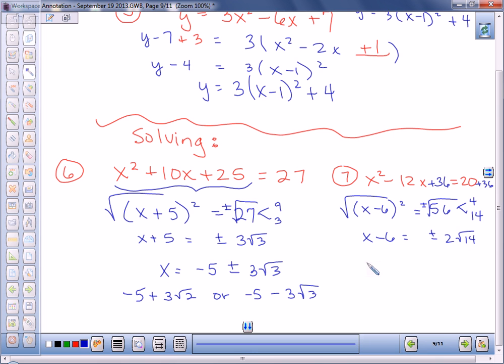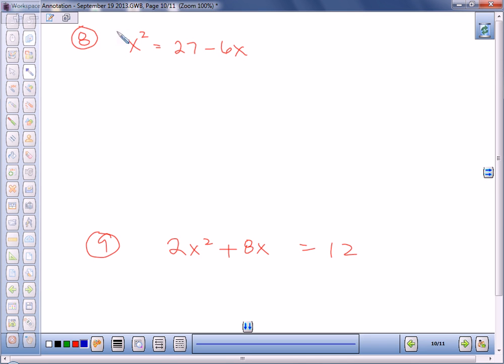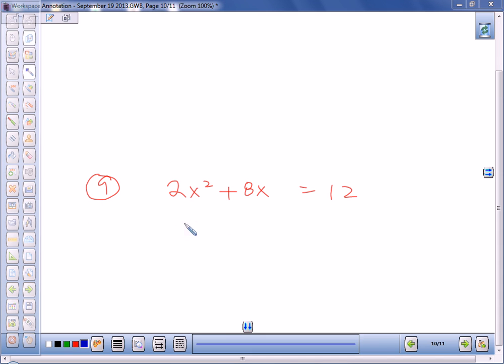Okay, I want to do one where there's a leading coefficient and the bell's about to catch me. So we're going to skip this one. You just have to put it in the right form. So we'll go to number 9. Do you see that this does not have a leading coefficient of 1? It has a leading coefficient of 2. So we get x squared plus 4x equals 6.